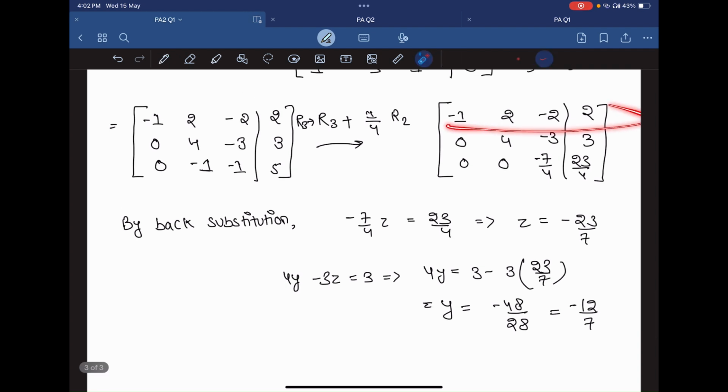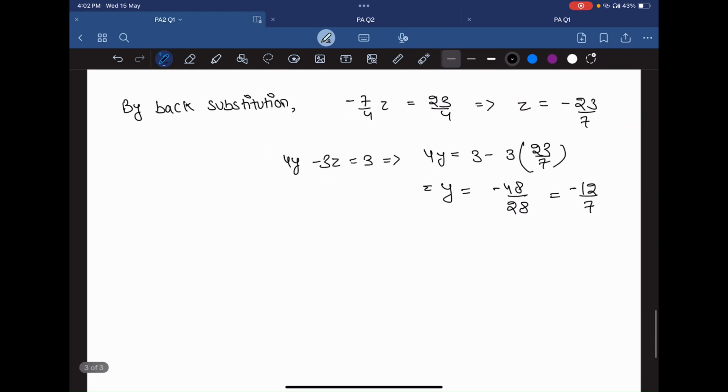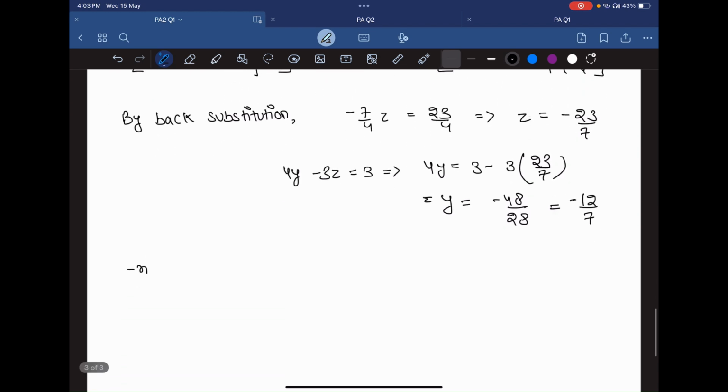Now from the first equation, we will get minus x plus 2y minus 2z is equal to 2. We have already found y and z, so it would be minus x minus 24 by 7 plus 46 by 7 is equal to 2.